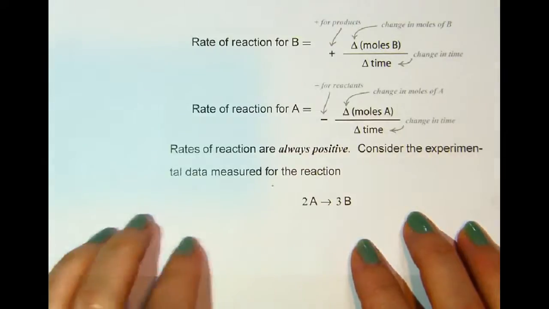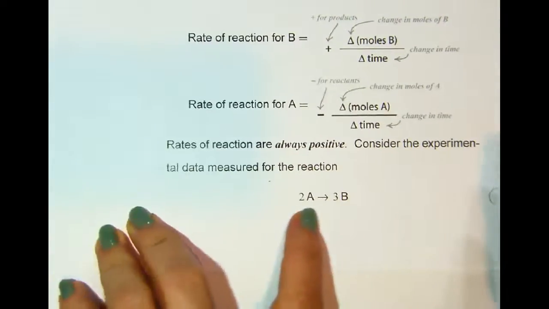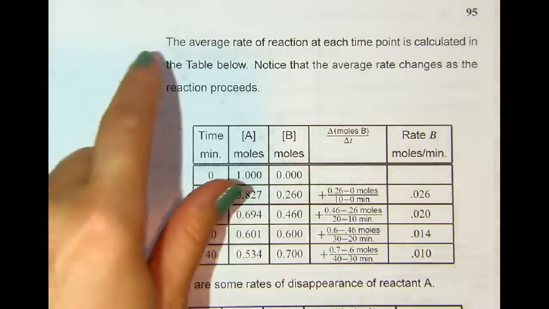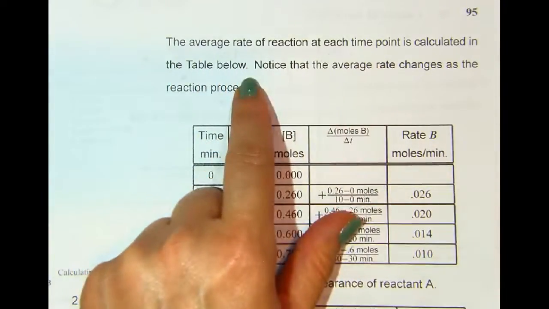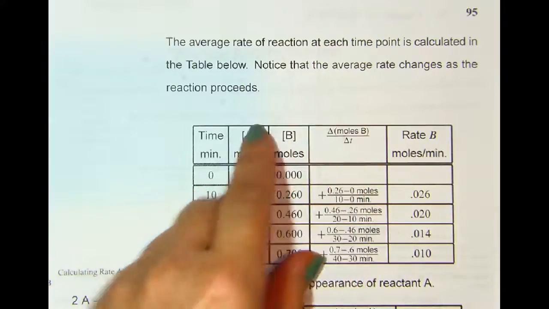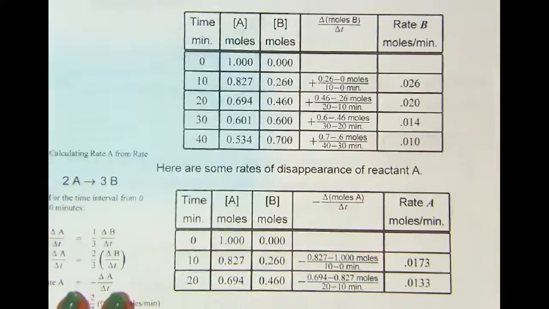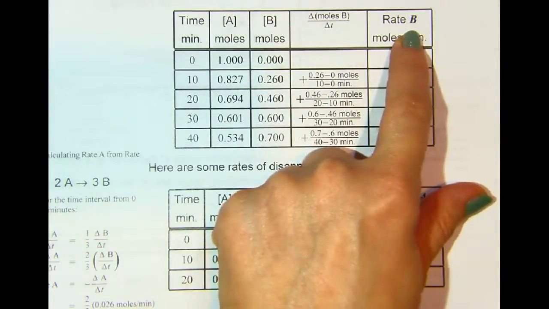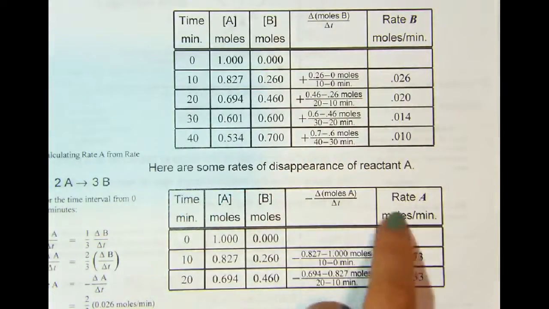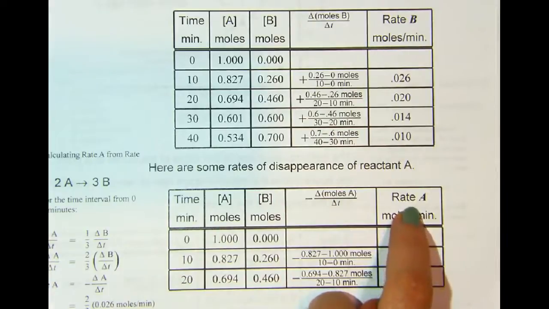Consider the experimental data measured for the reaction 2A to 3B. The average rate of reaction at each time point is calculated in the table below. Notice that the average rate changes as the reaction proceeds. You have two tables: here we focus on the rate at which B is formed, and in this table we focus on the rate at which A is disappearing.